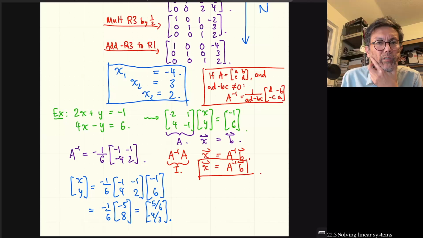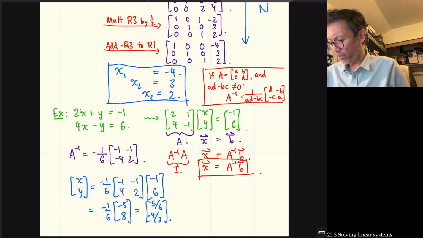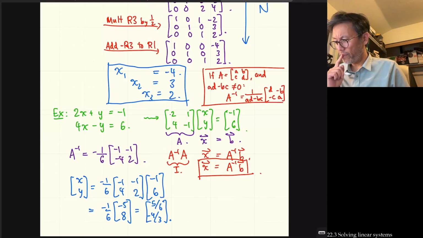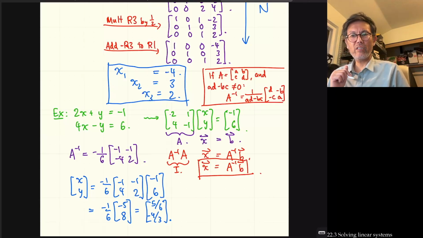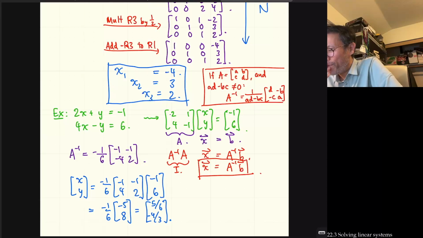4 plus 12. 5/6 is 10/6, which is 5/3 minus 4/3. Did I compute the determinant wrong? Negative 2 minus 4. Negative 6. I really blew it. Wait. Maybe it's good for you and healthy for you to see this.